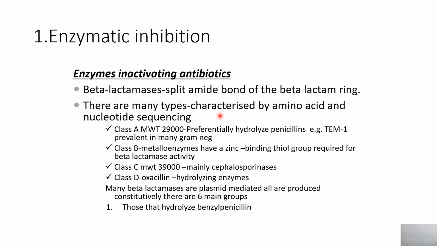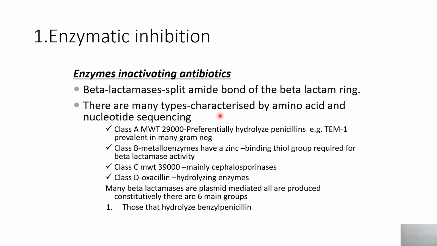If we talk about enzymatic inhibition, these are the enzymes inactivating antibiotics. Beta lactamase splits the amide bond of the beta lactam ring. There are many types characterized by amino acid and nucleotide sequencing. Class A eventually hydrolyzes penicillins. Class B metalloenzymes have a zinc binding thiol group required for beta lactamase activity.